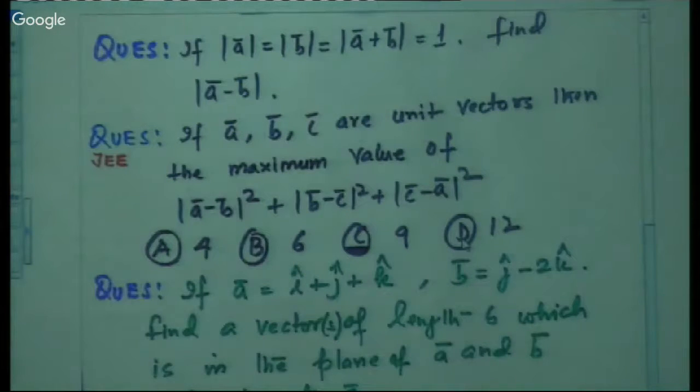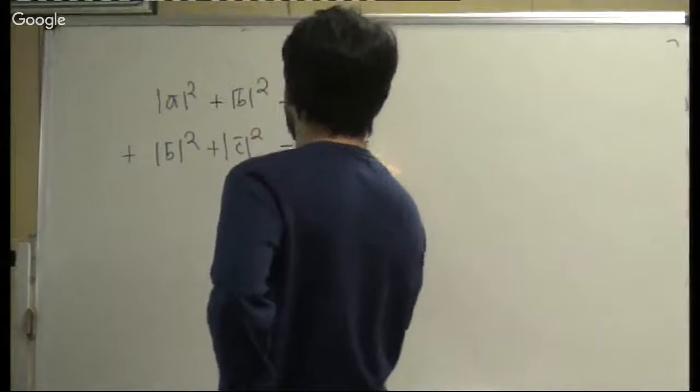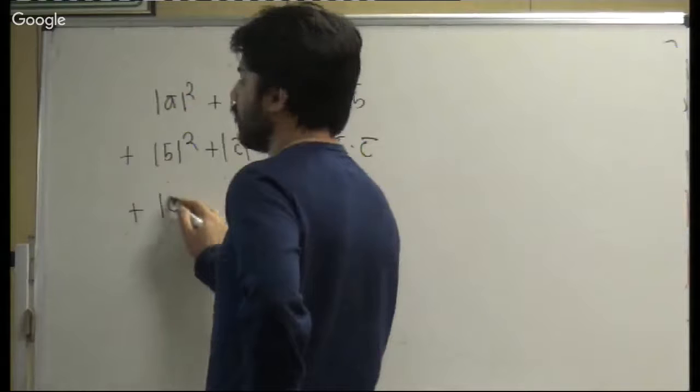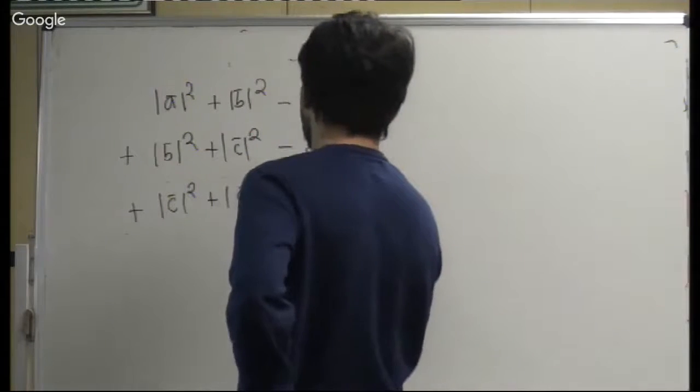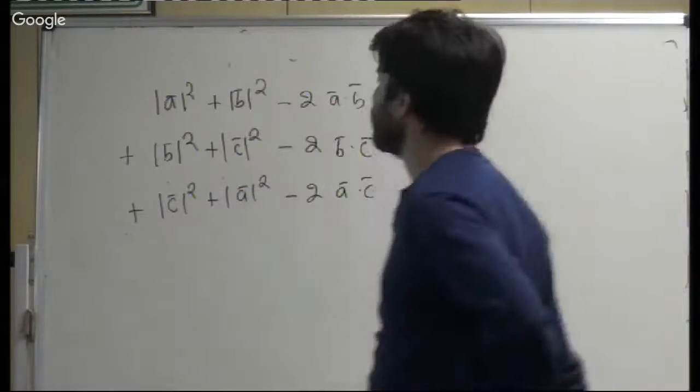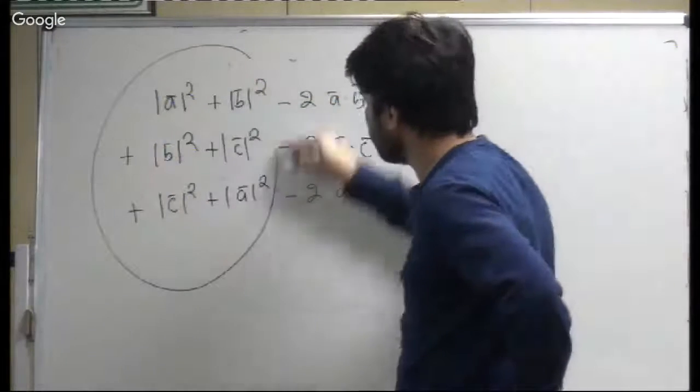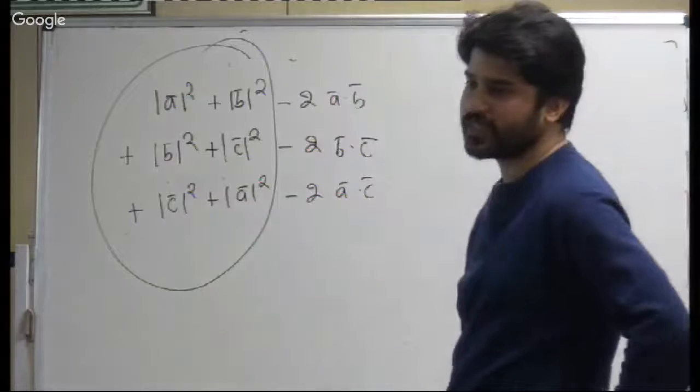It will be mod A square plus mod B square minus 2A dot B, right? Same thing will be plus mod B square plus mod C square minus 2B dot C, plus mod C square plus mod A square minus 2A dot C. I know this constant, and it will turn out to be 6.